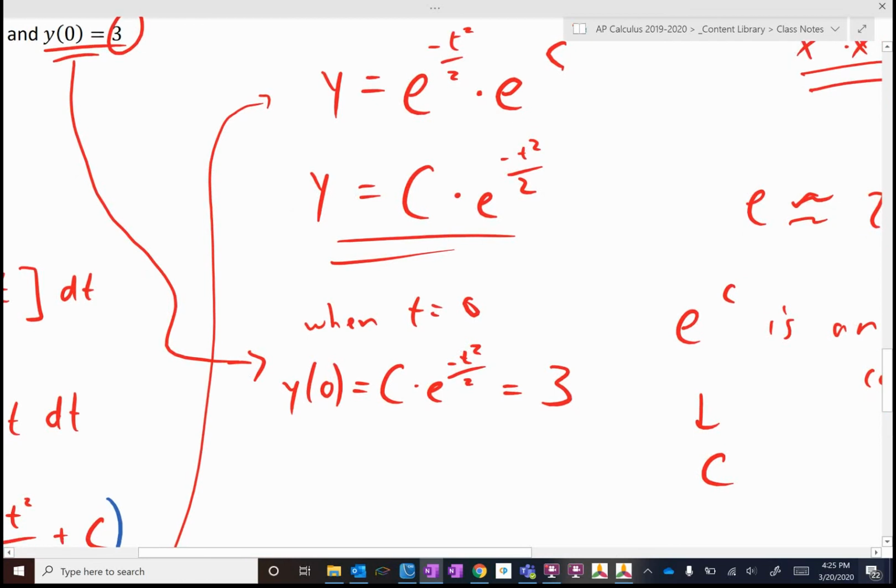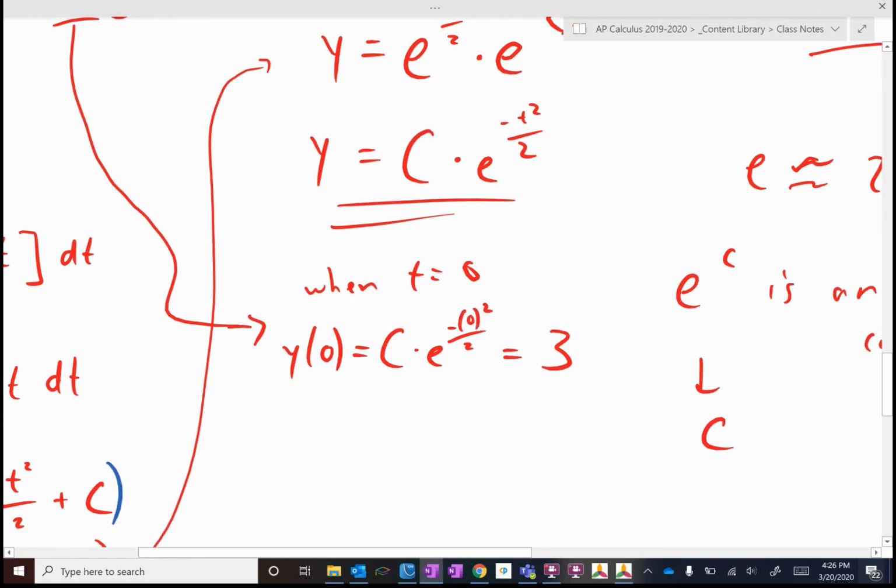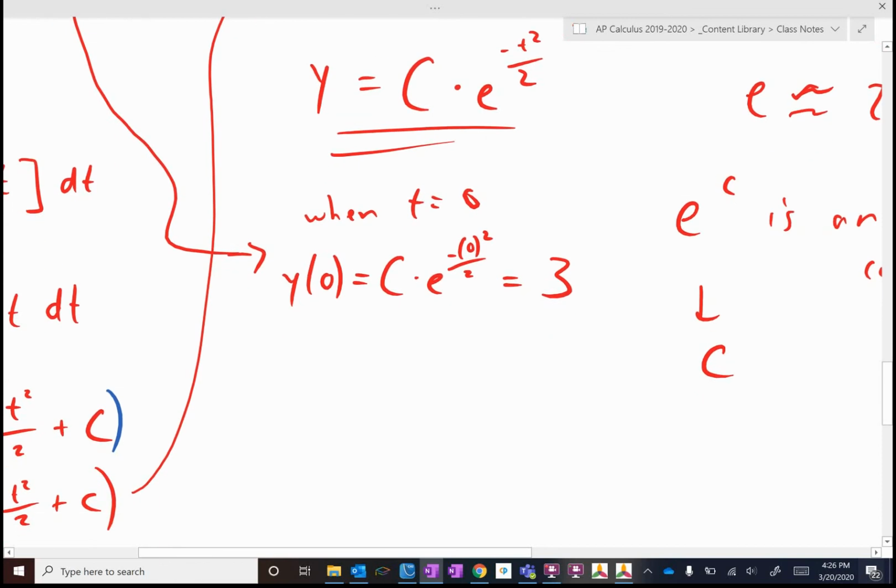So y at 0 is equal to 3, which means I can plug 0 in here, and that's all going to equal 3. So let's think about this for a second. That's c times e to the negative 0 squared over 2. 0 squared is 0, negative is still 0, 0 divided by 2 is still 0. So e to the 0 power is 1, which means c is equal to 3.